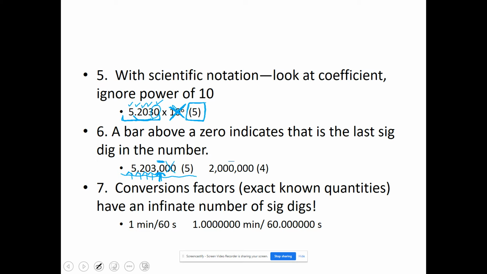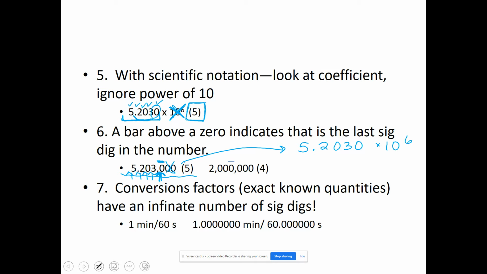They are placeholders, so they are there. The other way to write this number with 5 sig digs would be to put it in scientific notation. So you could put 5.203 times 10 to the, and however many times we move the decimal, 1, 2, 3, 4, 5, 6, 10 to the 6.